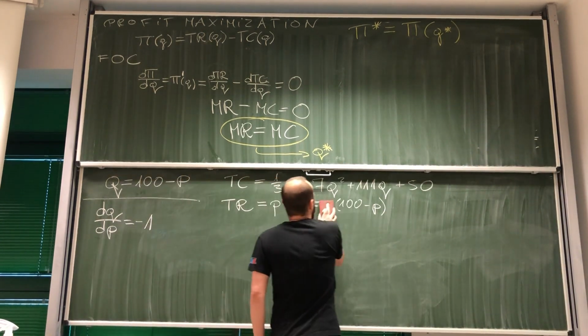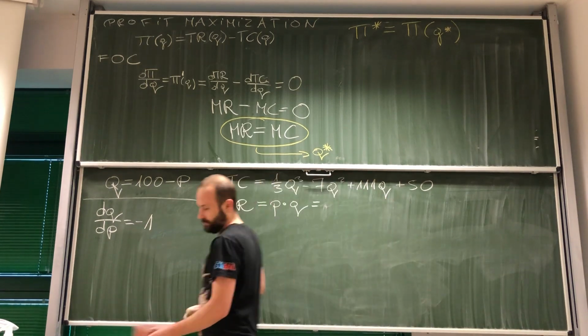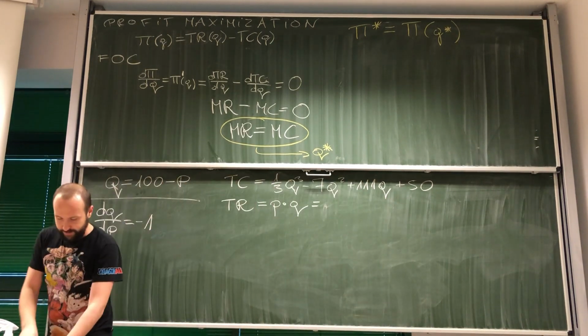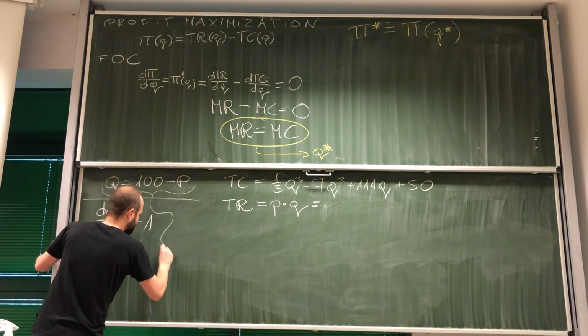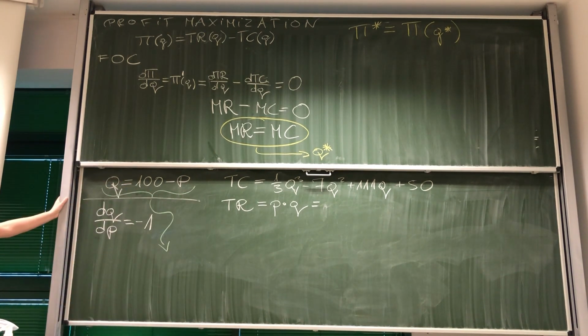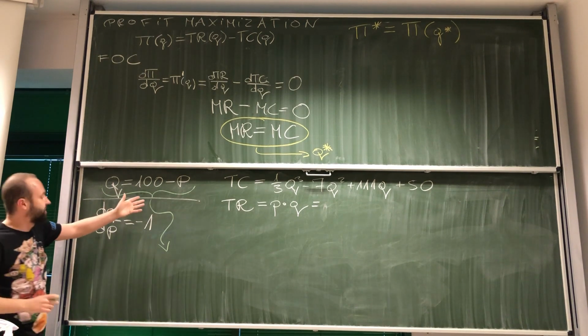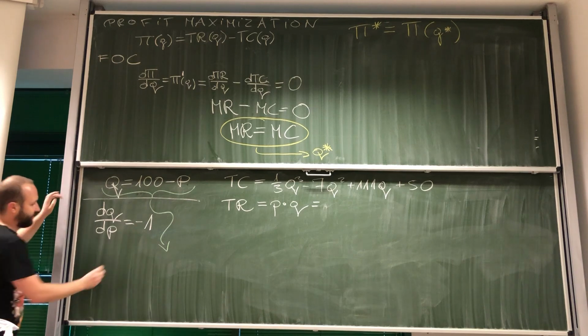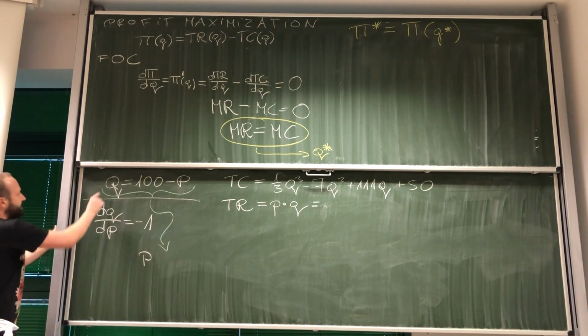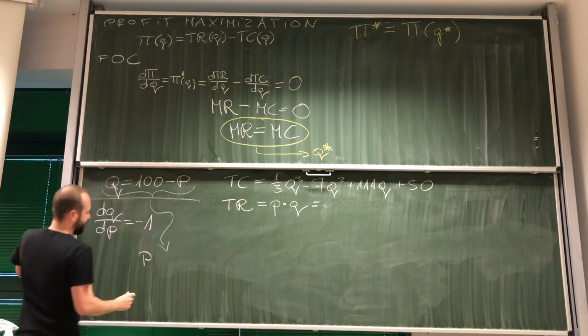But look, if we have the demand function, why not take this demand function and solve it for P? Look, this is really easy. All we have to do is to put P on one side of the equation and Q on the other side of the equation.